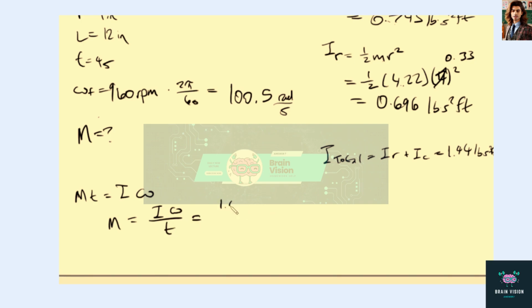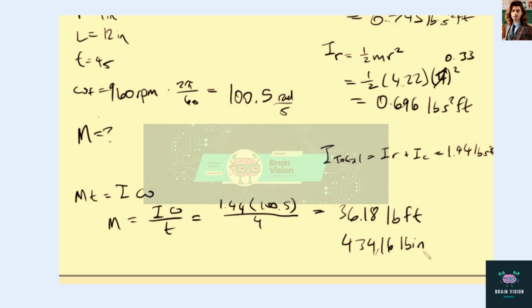That's 1.44 times 100.5 over 4. That gives us 36.18 pound feet. If we want that in inches, we multiply by 12 and we get 434.16 pound inches.